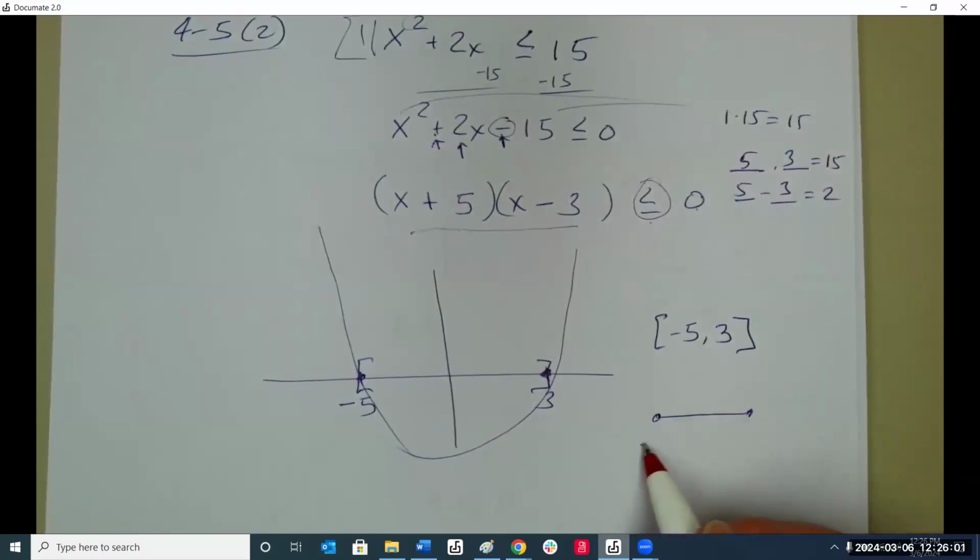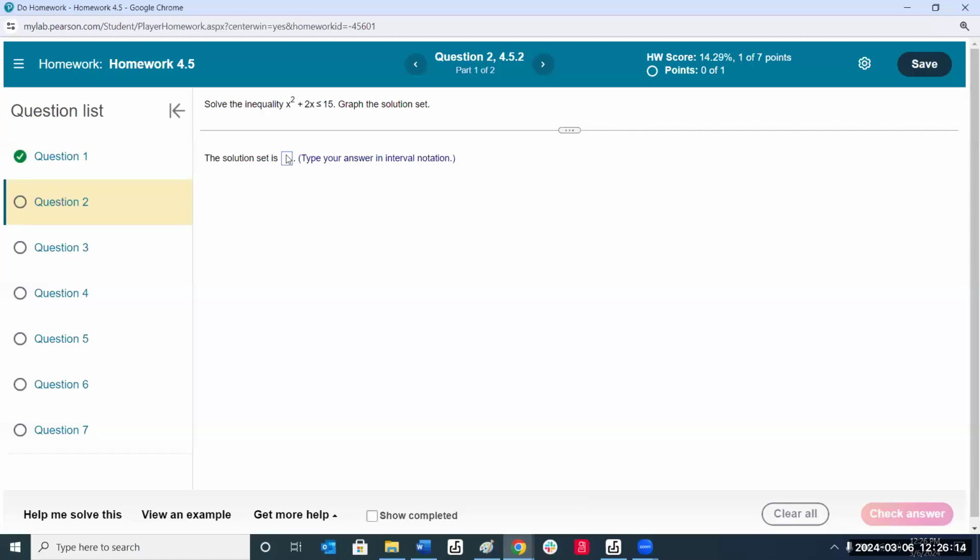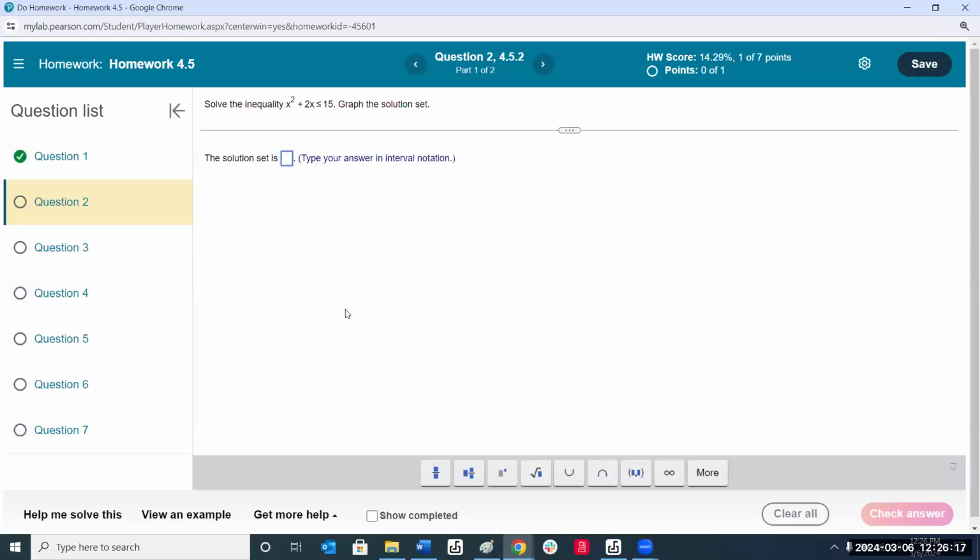Number 9. So the solution set is bracket -5 to 3. Oh, interval notation. What does interval notation look like?